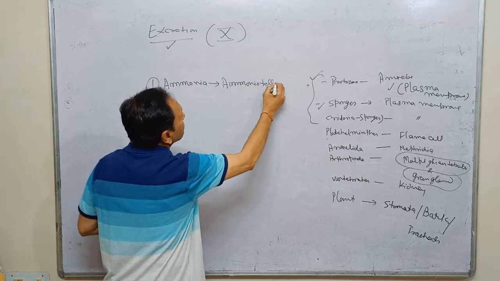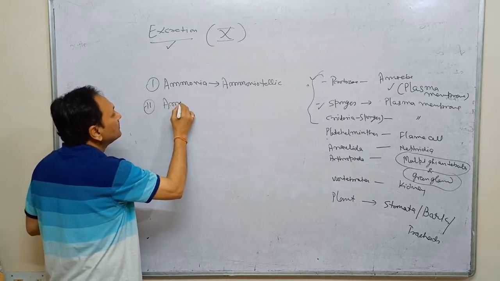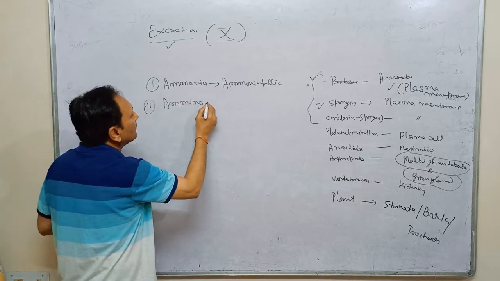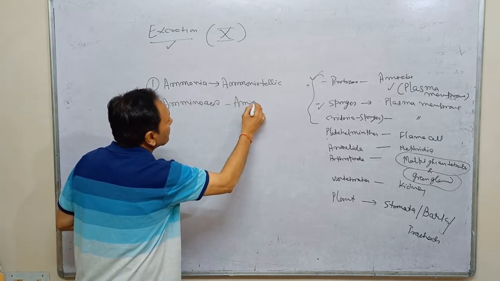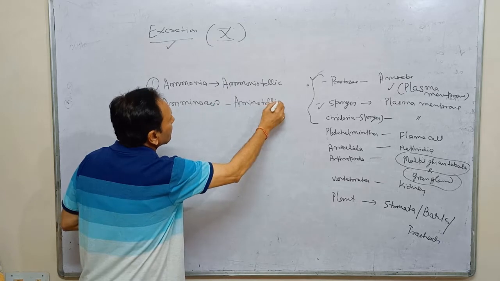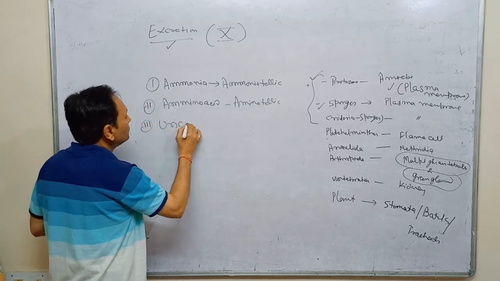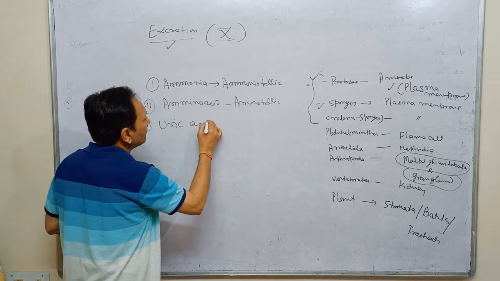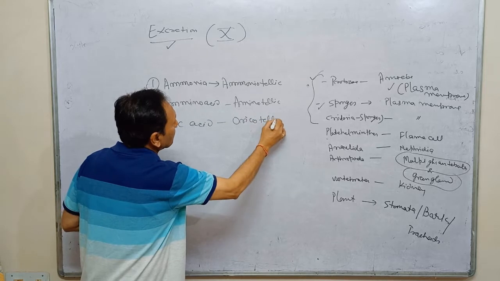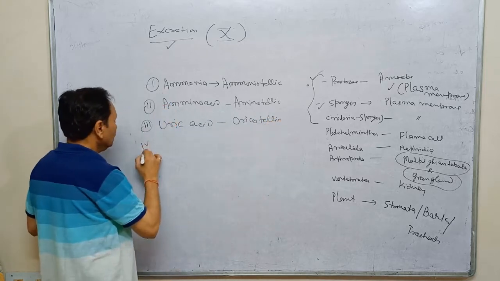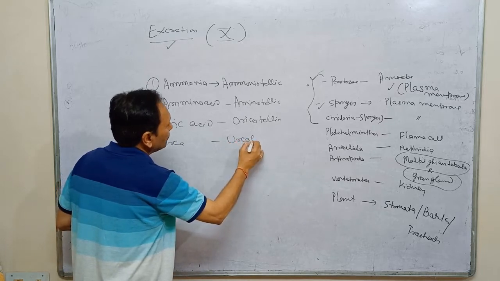If it is amino acid, it is called aminotelic. If it is uric acid, it is called uricotelic. And if it is urea, then it is called ureotelic.